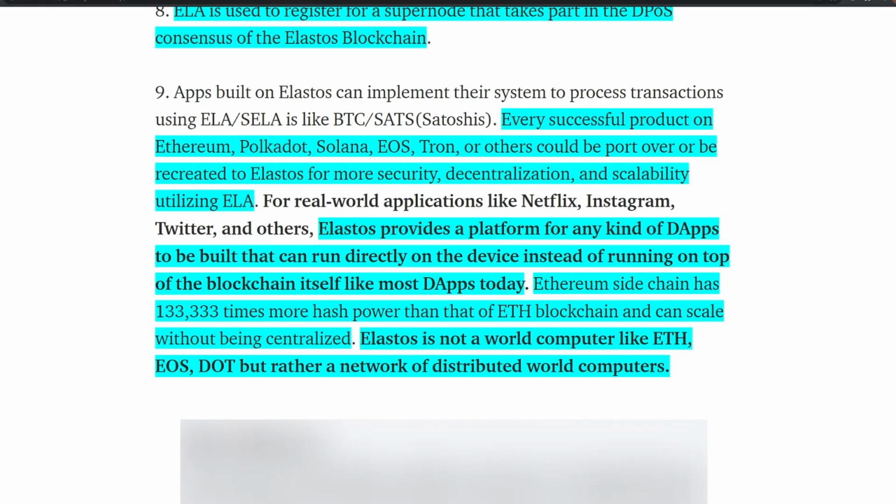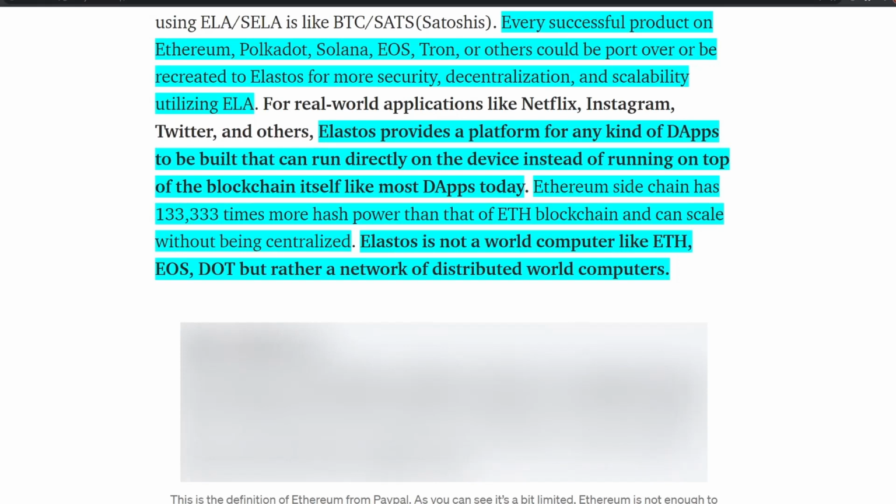Elastos provides a platform for any kind of dApps to be built that can run directly on the device instead of running on top of the blockchain itself like most dApps today. So that's the problem with Ethereum and so on, is everything runs on the blockchain. So if you can port it over to Elastos, the dApps can run directly on the device, which frees up space and not as much congestion on the blockchain.